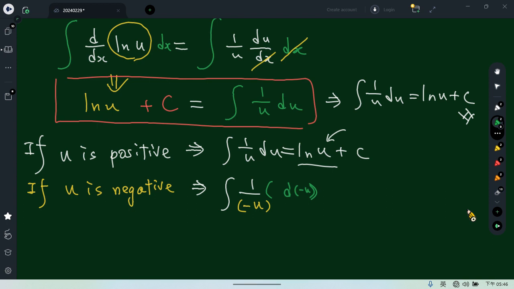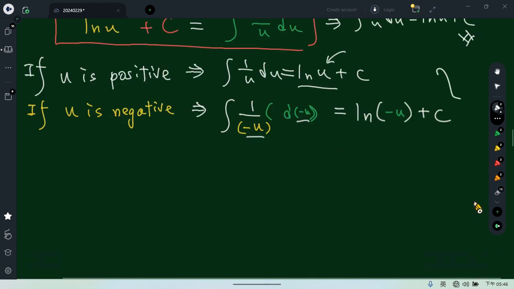So even though u is negative, we can slightly change it by adding a negative here so that we get a positive number. But since we add this one, we also need to add a negative back here, so it is still the same, right? The result will be ln of minus u plus c.